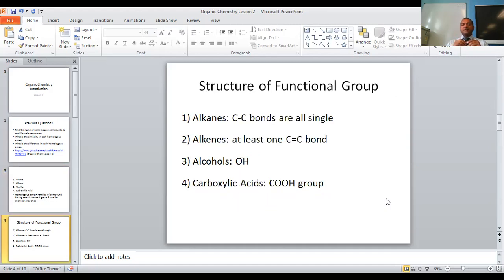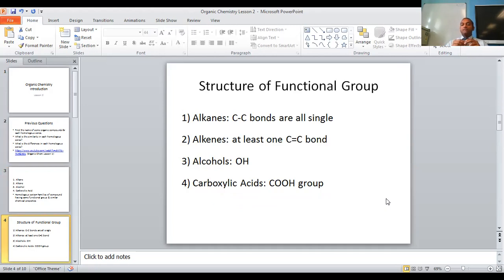These are the functional groups for each of these homologous series. For alkane, all the carbon and carbon are having a single bond. For alkene, at least one of the carbons is double bonded with another carbon.